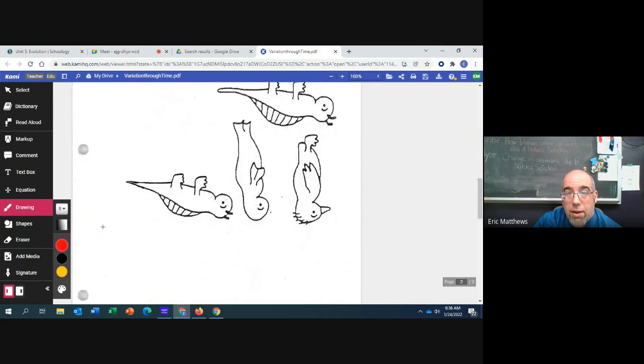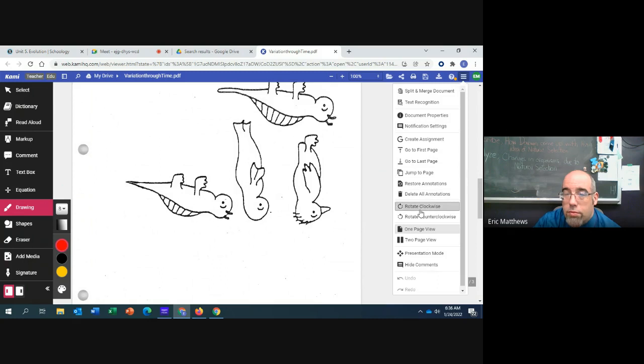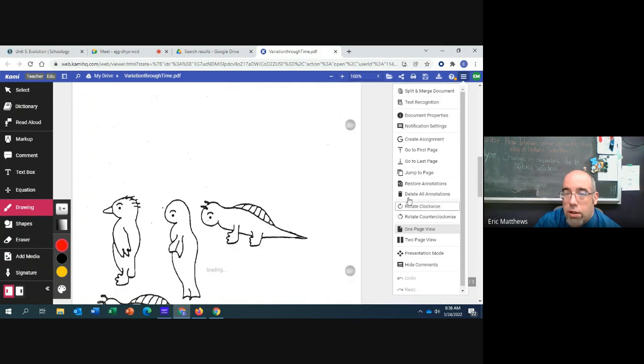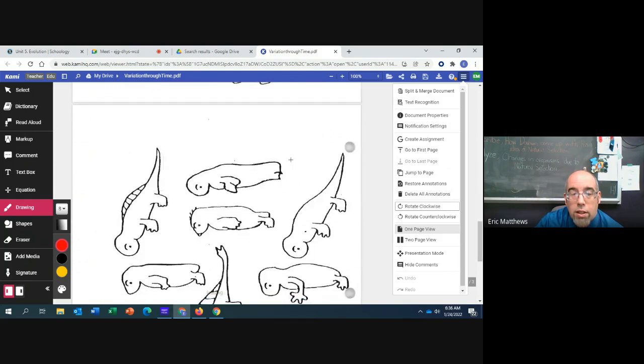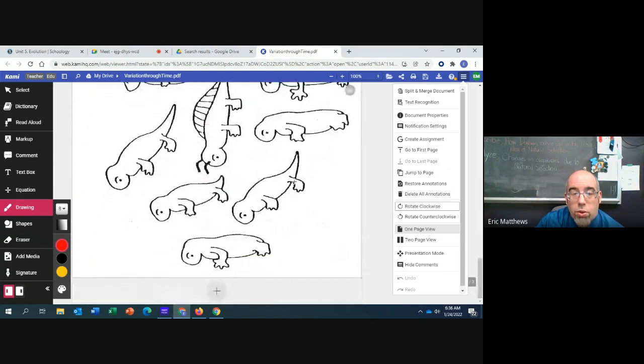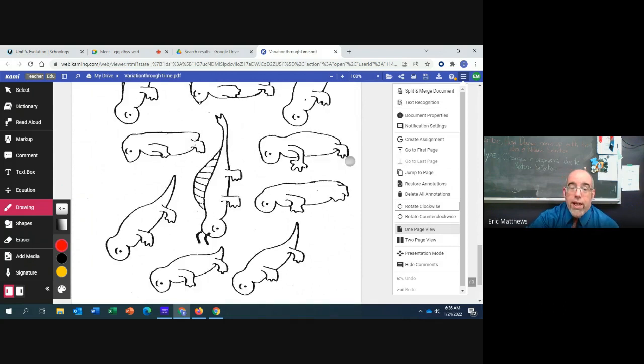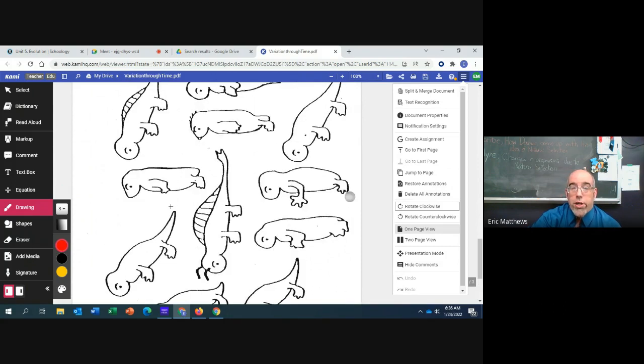I know they're upside down. So let me turn them right side up. Okay, we've got all sorts of them. Now, one of the things that I'm going to do is help you guys out, and I'm going to mark your starter. This is the creature everyone should start with.